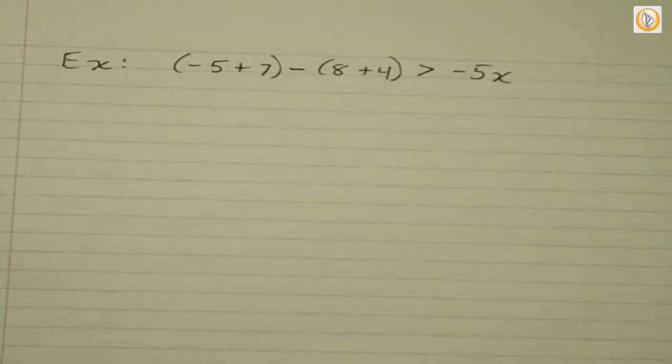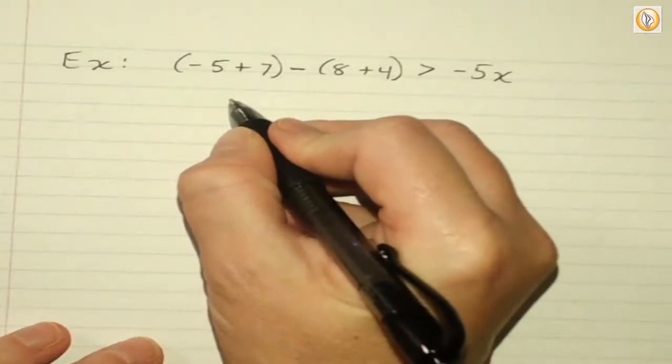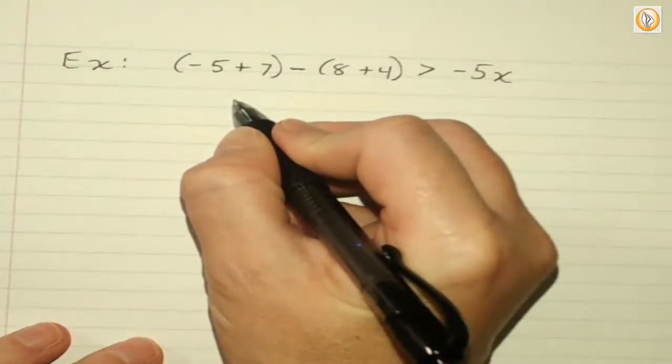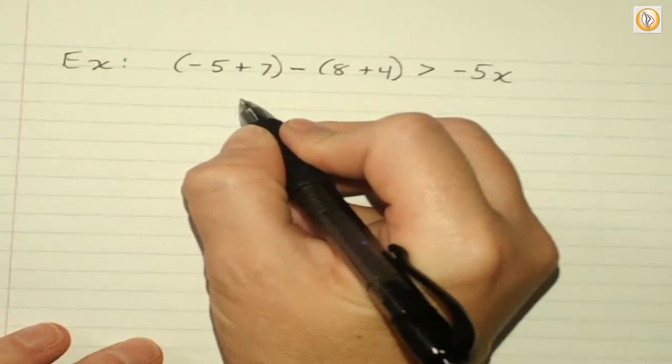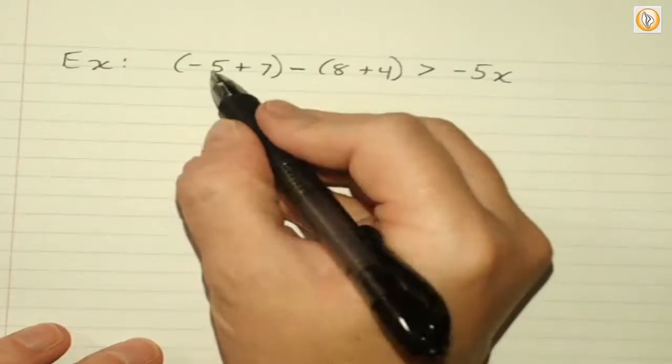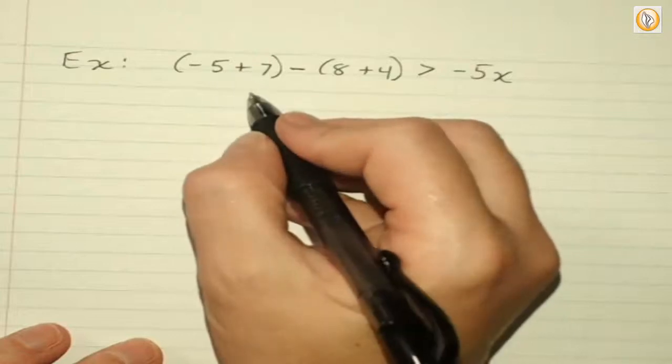Tanner? The negative 5 plus 7 is what? Negative 12. Negative and a positive. The signs are different. What do we do?